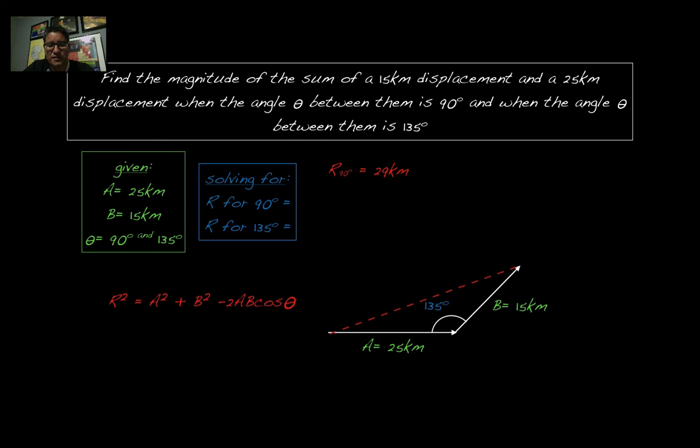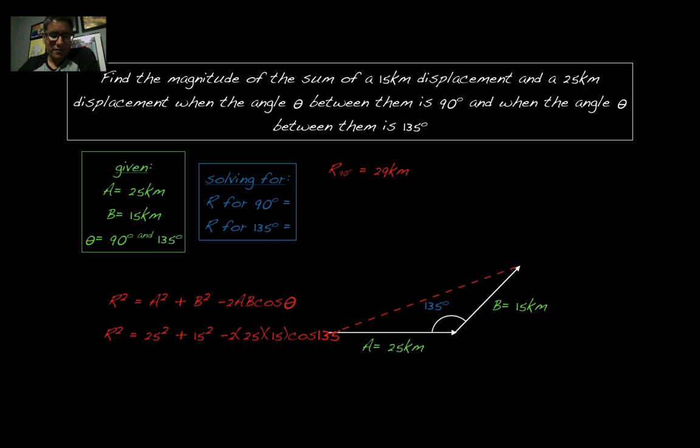So R squared equals A squared, so side A squared plus side B squared minus 2 times side A times side B times the cosine of theta, which is 135. Now I'm replacing all of my A's and B's with the actual magnitudes of those sides, and I've also replaced theta with 135 degrees.